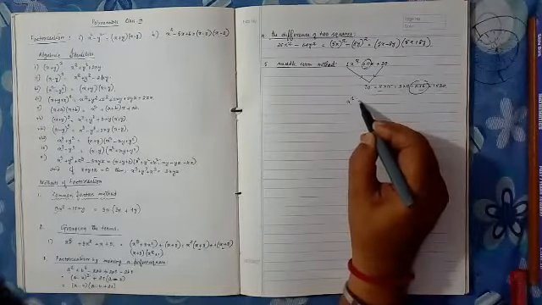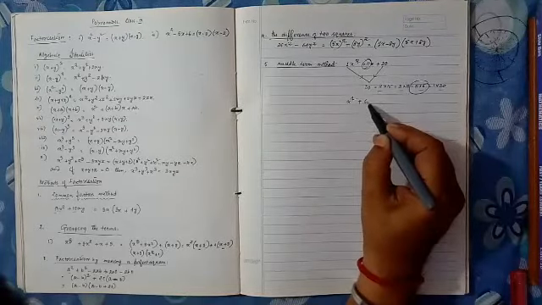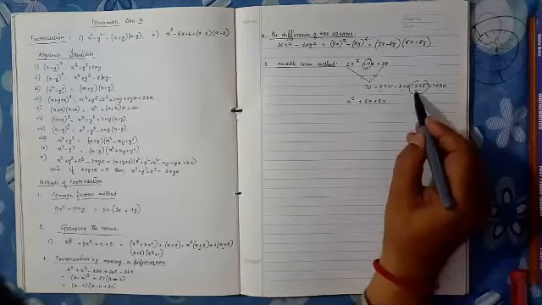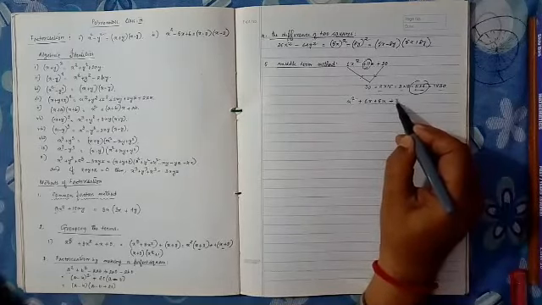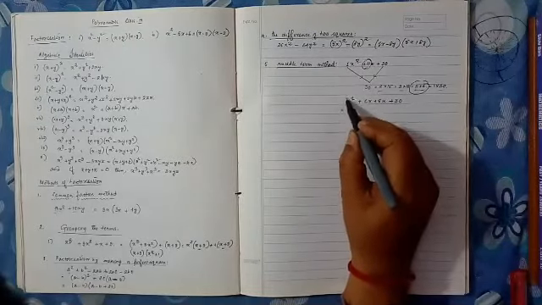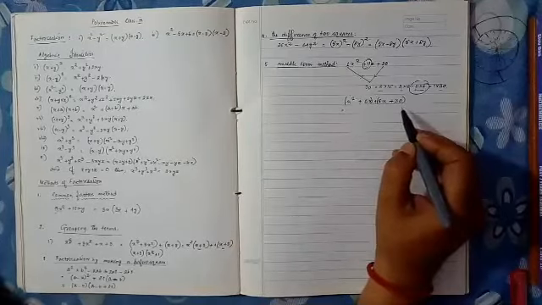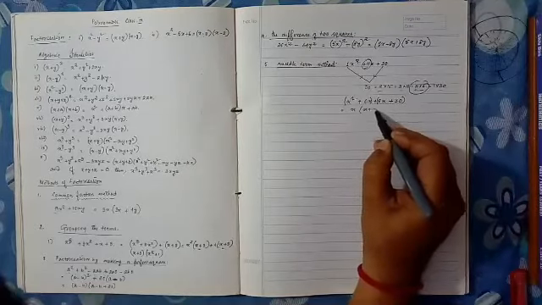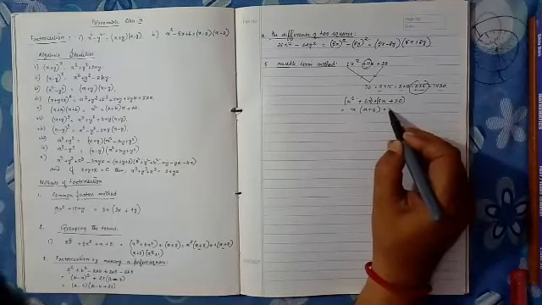So we can write this as x square plus 11x, which we can write as 6x plus 5x, because 5 into 6 or 6 into 5 whatever may be, plus 30. Now grouping from the first two, what is common? x is common. So x plus 6.